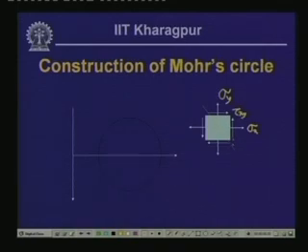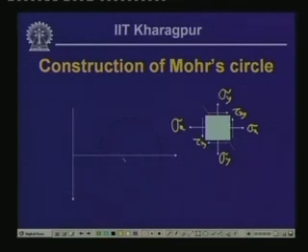This is in the direction of positive y axis on this plane, and this is in the direction of positive x axis on this particular plane. So, these are the components sigma x, sigma y and tau x y.